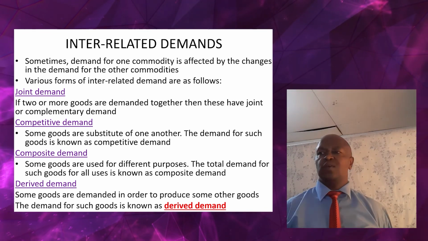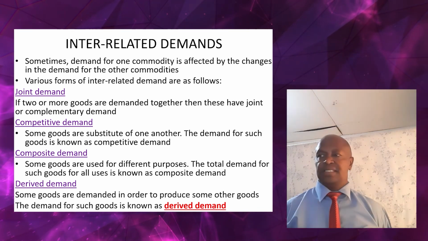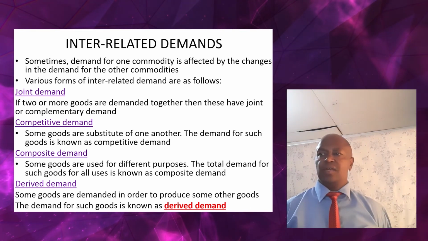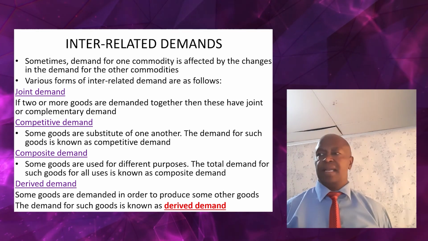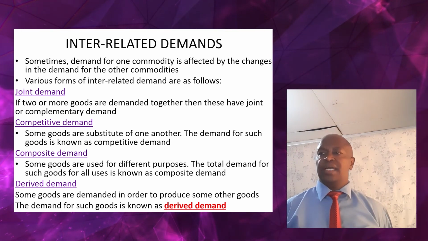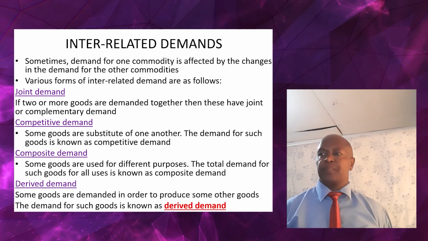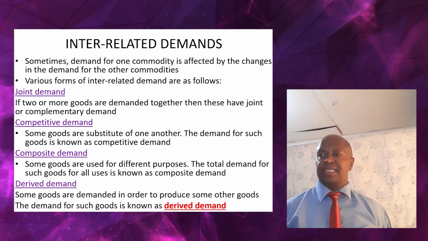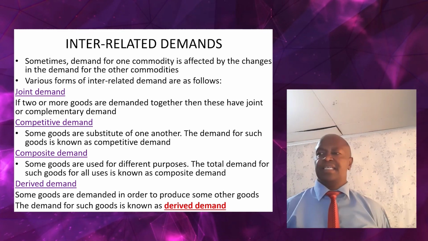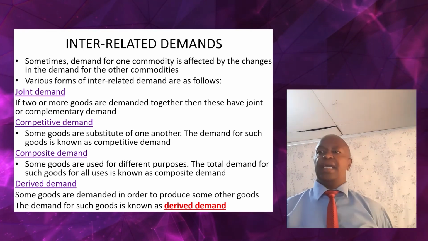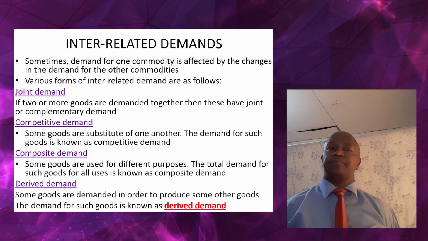The demand for such goods is known as derived demand. For example, cotton is required to produce cloth. If demand for cloth is greater, then more cotton will be demanded and vice versa. In this case, the demand for cotton is derived demand.